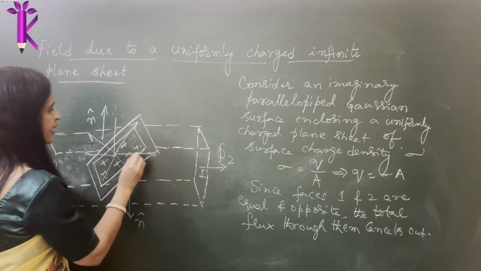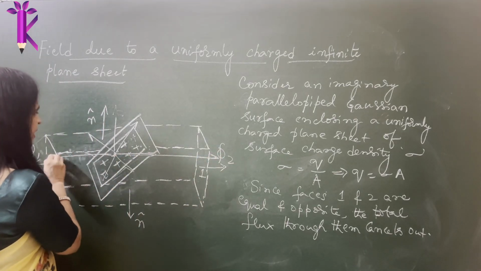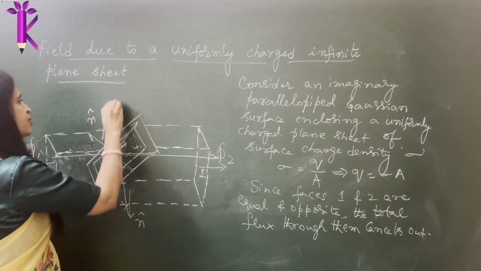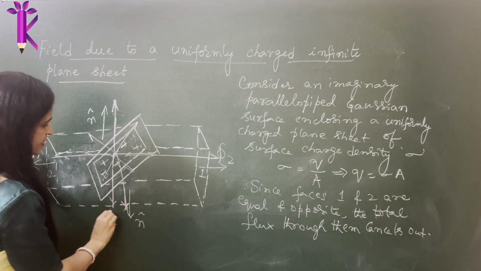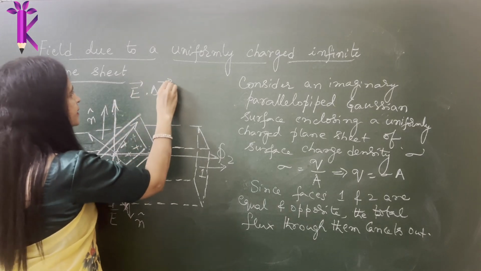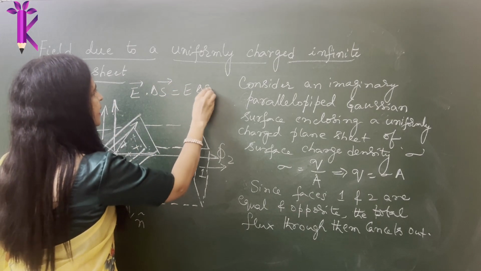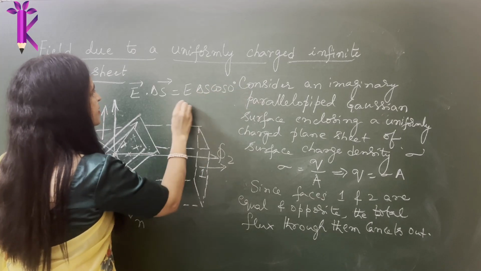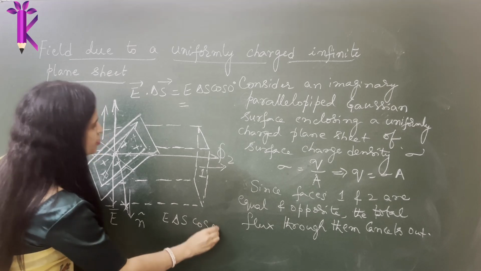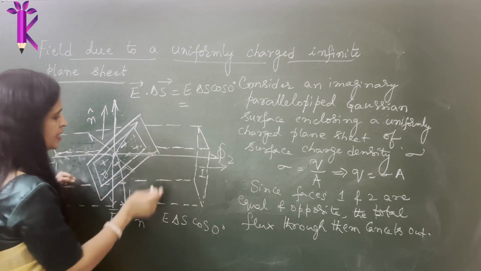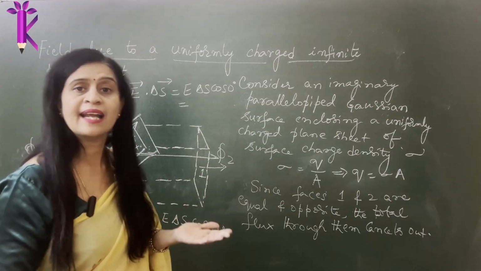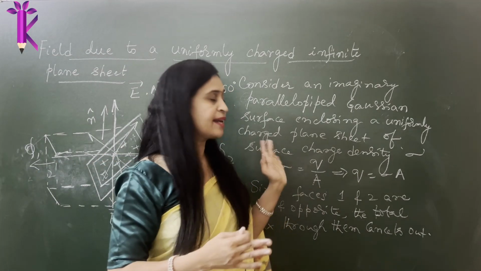Whatever contributes in the direction of the area vector, they add up, because the angle between the area vector and the field is zero, which gives E delta S cos 0 degree. Here also it is E delta S cos 0 degree. So what will be the total flux? The entire surface area adds up, so that will be 2E delta S. Okay, so from there we will do the derivation.